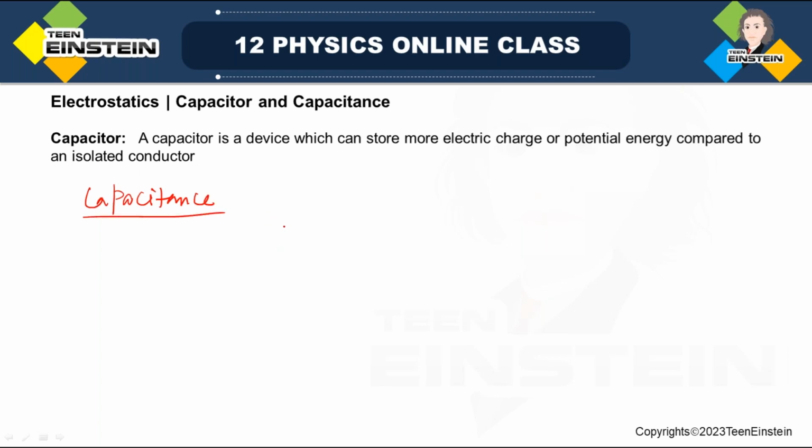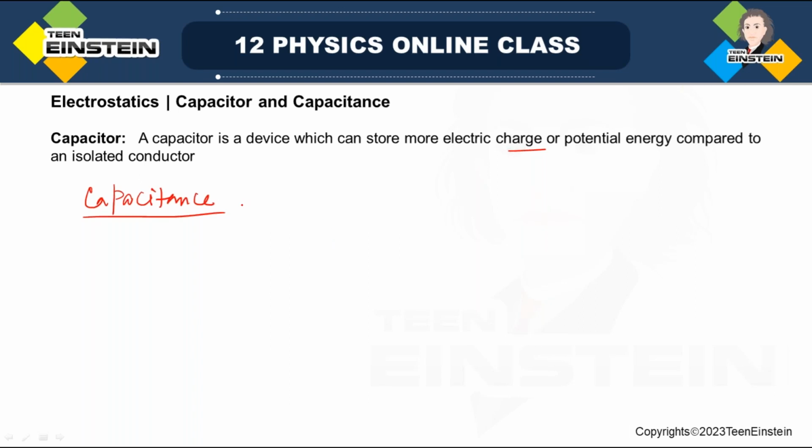See, as I said, the conductor can store energies, or capacitors can store energy or charges. But every capacitor will have their own capacity, or the maximum limit to store the energy or electric charges.